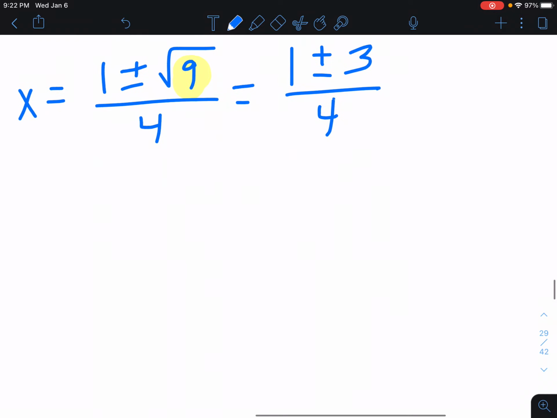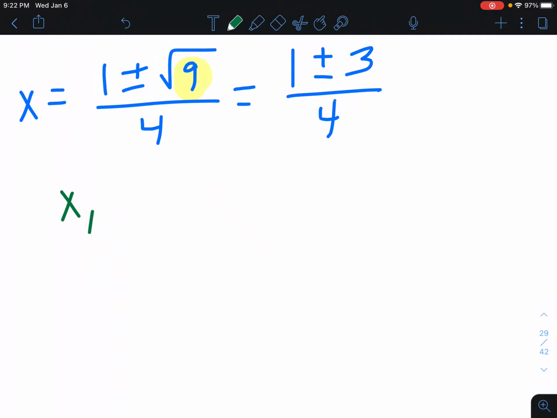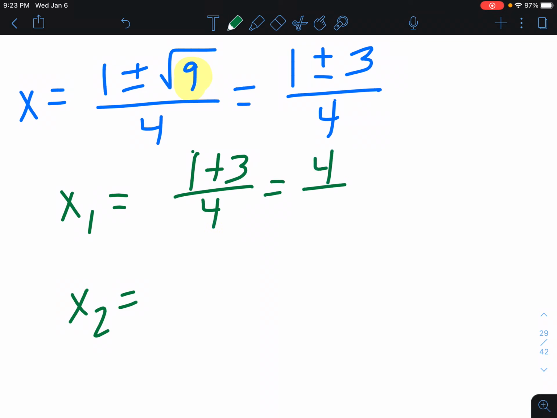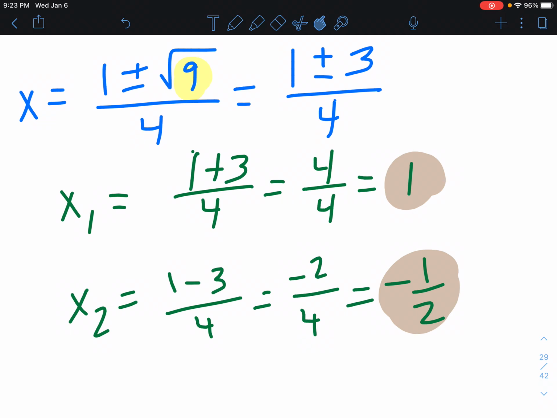There's no more radical, so that means we're going to go get our two distinct answers now. 1 plus 3 divided by 4 will be 1, and 1 minus 3 divided by 4 will be negative 1/2. So we have our two answers, two real numbers, and you're good to go to the next one.